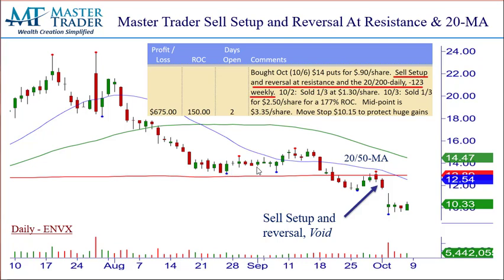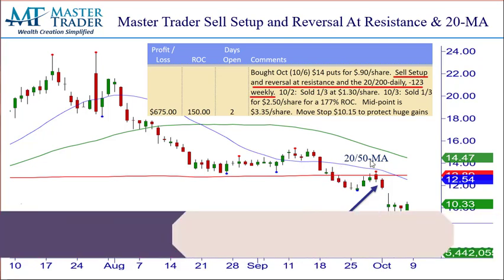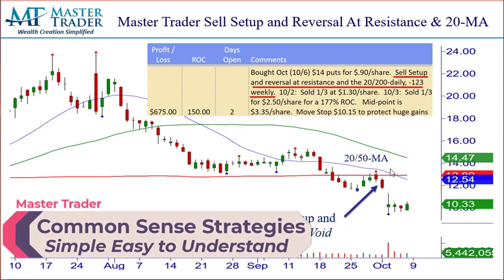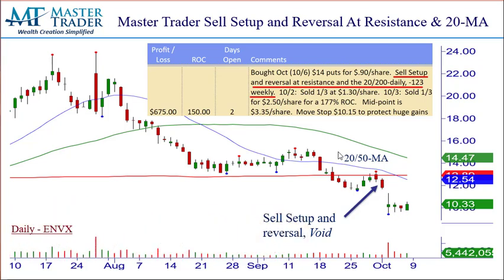Now, I was going to put a horizontal line here to show you resistance, but in this particular case, the 200 is perfect. The 200 is resistance. So it rallied here to resistance, these prior bars, prior breakdown area, reversed, happens to be at the declining 20 period moving average also, which is a plus, and we are expecting new lows.